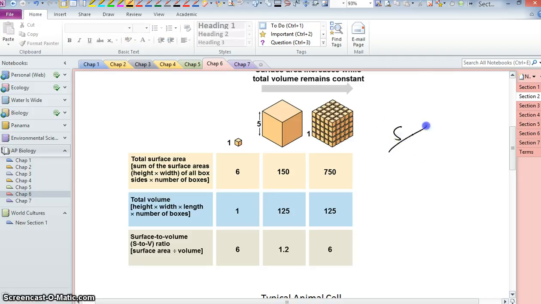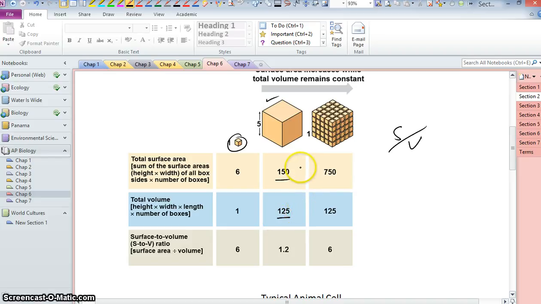This idea of the surface to volume ratio plays an important role with cells, and it's why cells generally tend to be small because, as is shown with these cubes here, of course these are the same shape, but clearly this one is bigger. And so the surface size, of course, is much bigger, and the volume is much bigger as well.